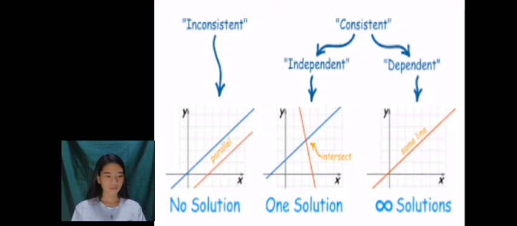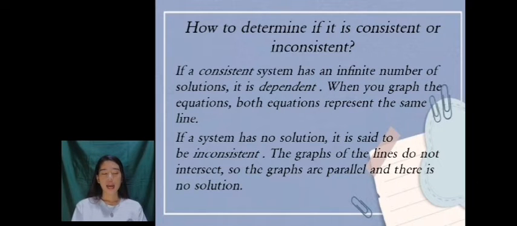So, next slide. Now, how do we determine if it is consistent or inconsistent? Based on the graph, it is very obvious that we can determine if the graph is consistent or inconsistent by looking at the lines: whether they are parallel, intersecting, or the same line. Now I am going to discuss: if a consistent system has an infinite number of solutions, it is dependent.